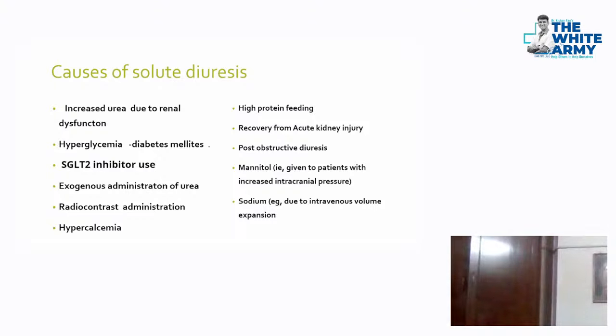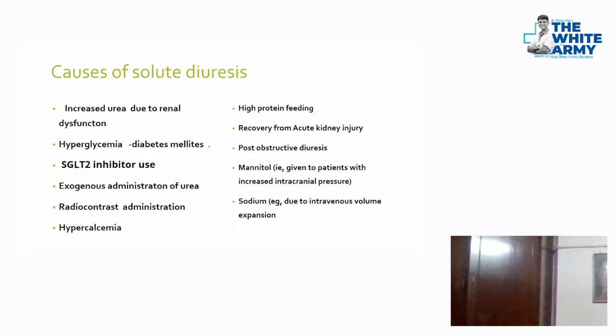So increased urea is an osmotic solute. In diabetes mellitus, you have glucose coming into the urine. When you use sodium glucose transport inhibitors, they control diabetes by excreting glucose in the urine. In conditions like hyponatremia, if you are administering urea, that can also result in increased excretion of urea.